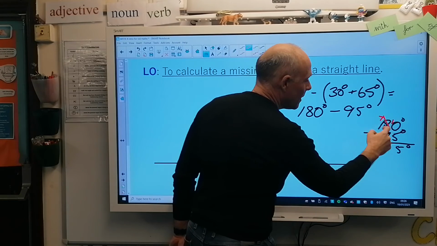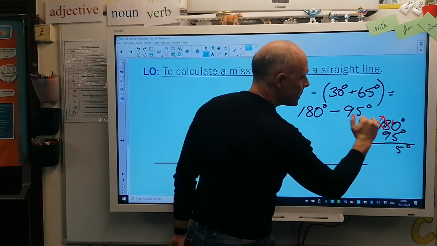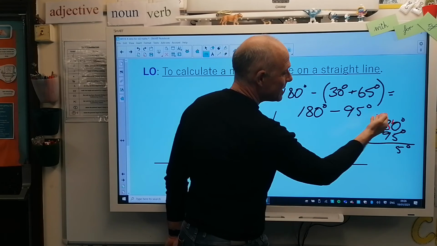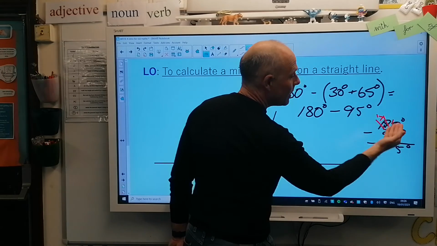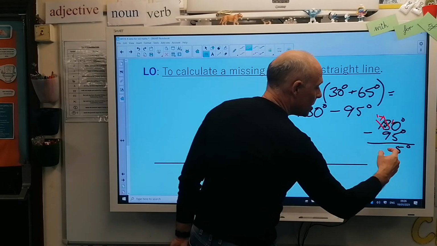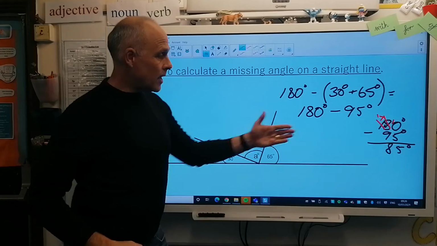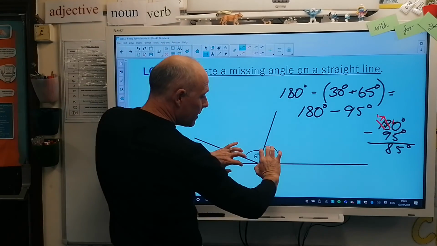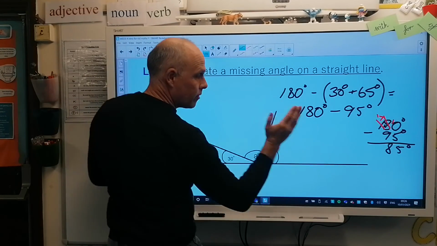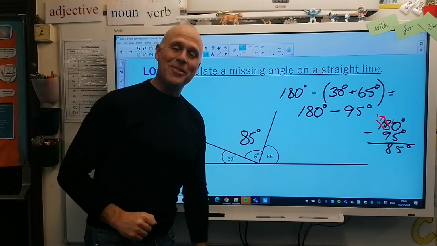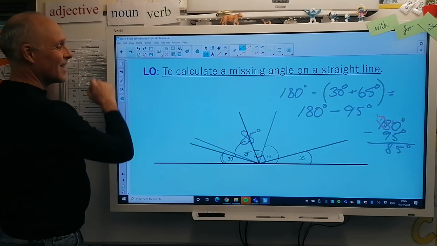So again, I'm going to have to cross that one out, take that 100 and exchange it for 10 10s, giving me 17 10s, subtract 9 10s from it, will leave me with 8 10s. Therefore, that missing angle, when we've taken those two away from 180 degrees, gives me 85 degrees. Okay.